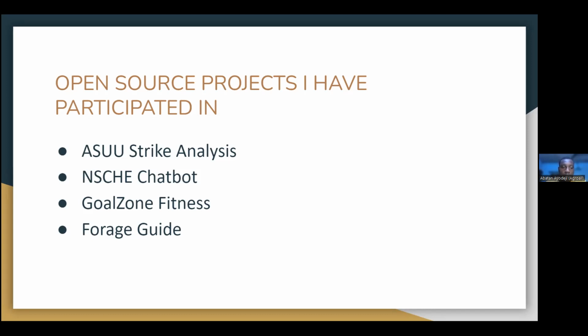And the last one I participated in most recently, besides the chatbot, is the Forage Guide, which was hosted by BCG, Boston Consulting Group, as a rundown of the basic consultancy projects hosted by BCG. So that's a brief breakdown of some of the projects I've participated in.